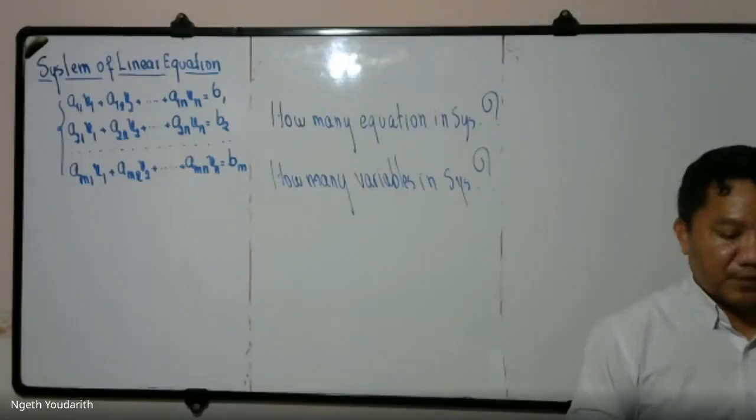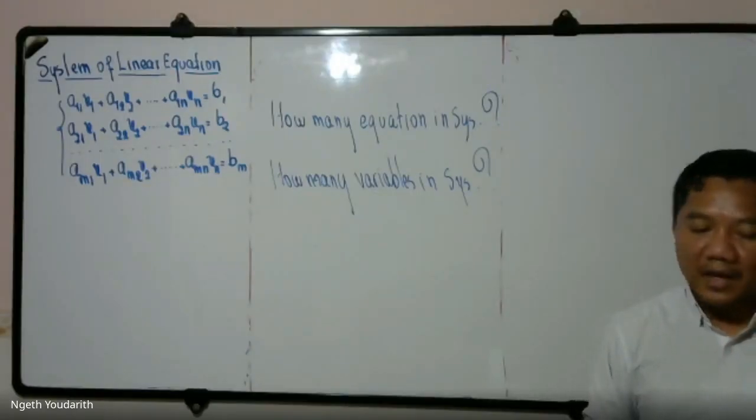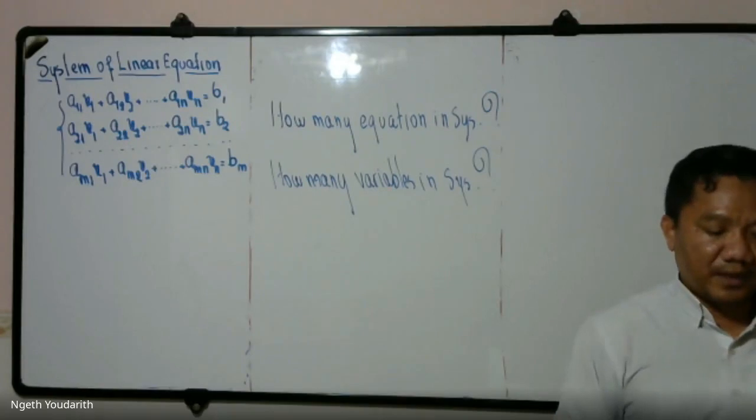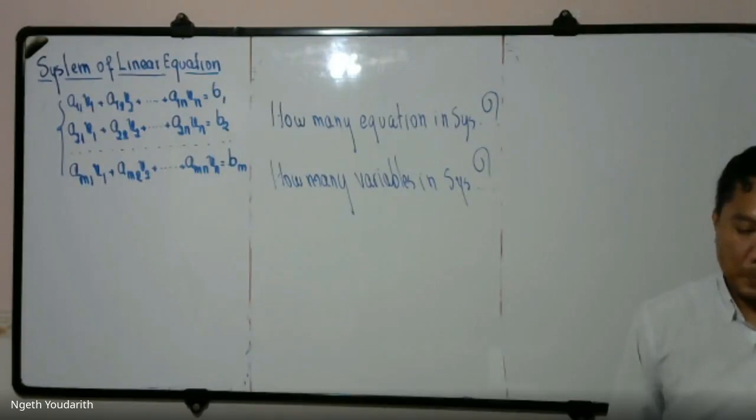In the system, we got m equations. And how many unknowns or variables in here? N. We got n.